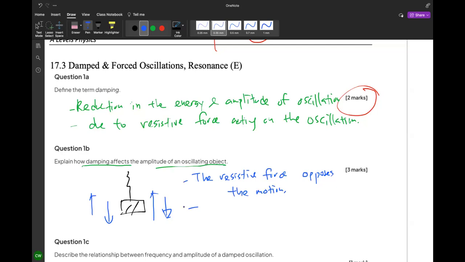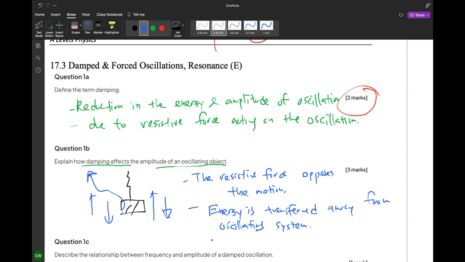So when it opposes the motion, there's a friction. It means the kinetic energy of the system will be transferred to where? The energy will be transferred away from the oscillating system. Therefore, amplitude decreases.